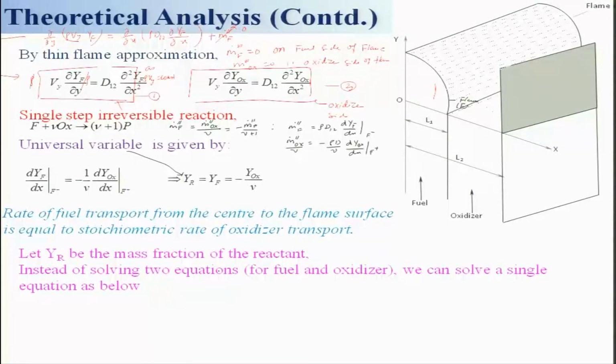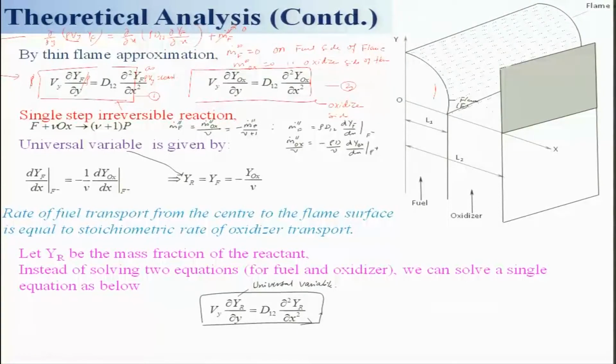Instead of solving two equations for fuel and oxidizer, we can solve a single equation, and that is V_y ∂Y_R/∂y = D_12 ∂²Y_R/∂x². So, I can put that in and then solve. This is the equation we need to solve, and this is the universal variable, Y_R.